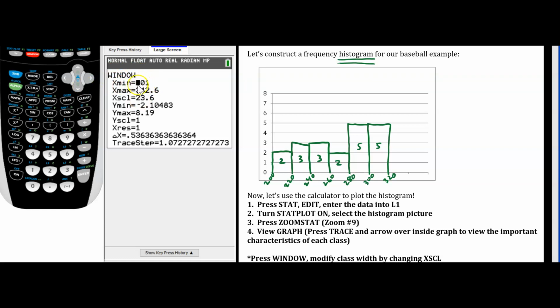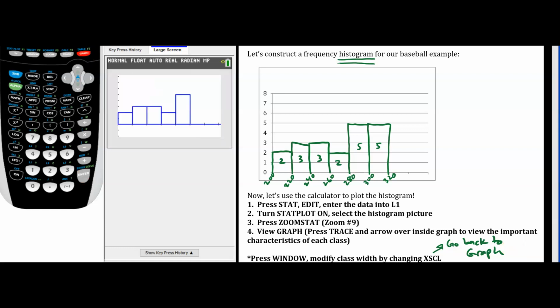Do you remember what I started the very first class with? I started the very first class with 200. So I need to put that in there. And then I'm going to make X scale 20. So now that I have that, you would just go back to Graph. So after you make this modification, you're going to go back to Graph, and you should be able to see exactly what we have in our histogram.